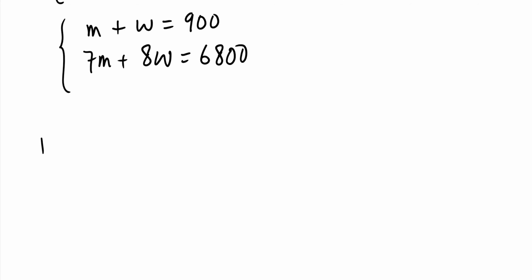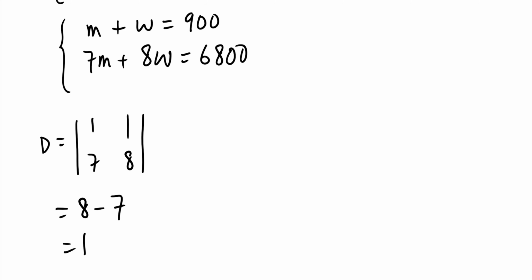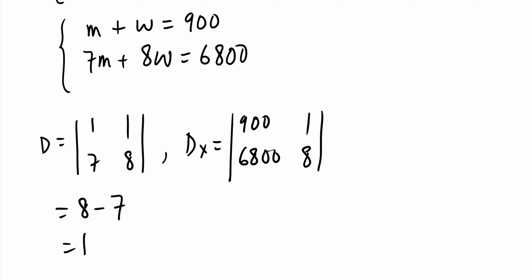So Cramer's rule says find the D, which is 1, 1, 7, 8, and that gives us 8 minus 7, so that's 1. Dx is 900, 680, 1, 8. If you multiply this out, that's 7200 minus 6800.